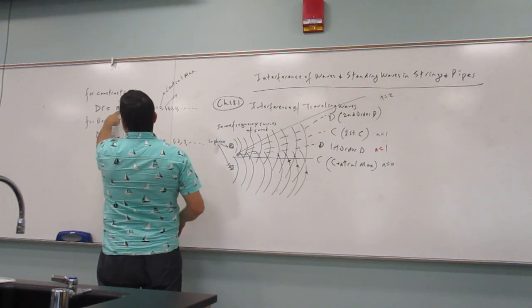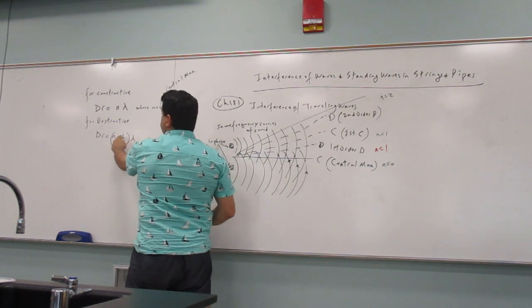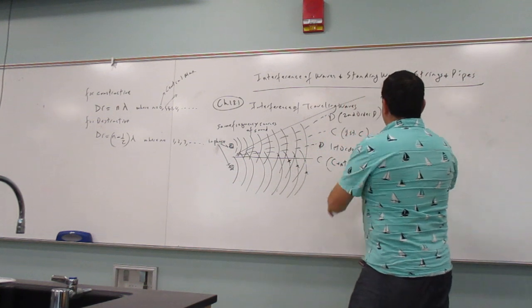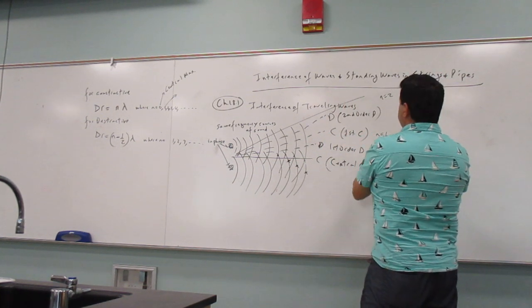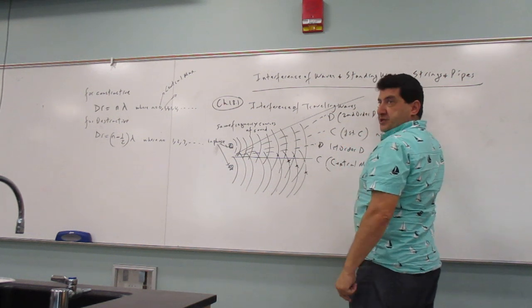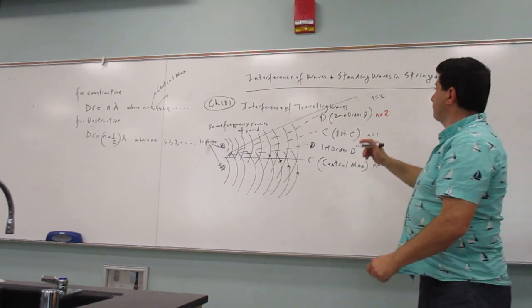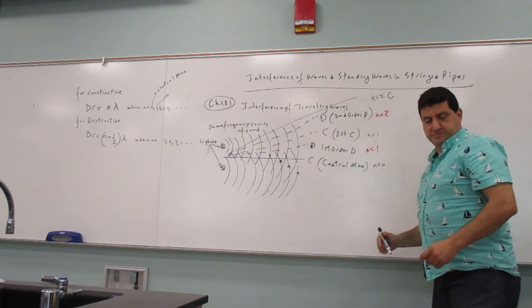Then here you put 1, you get lambda. Then you put n is 2 here, then 2 minus a half is 3 halves, right? So then it's the n is 1 for destructive, then n is 1 for constructive. Then n is 2 for destructive, then n is 2 constructive. So the destructives occur before the constructives. This is constructive. And then the same thing on the other side, down here.